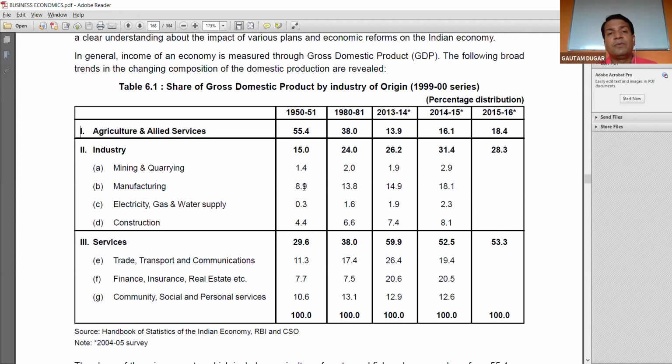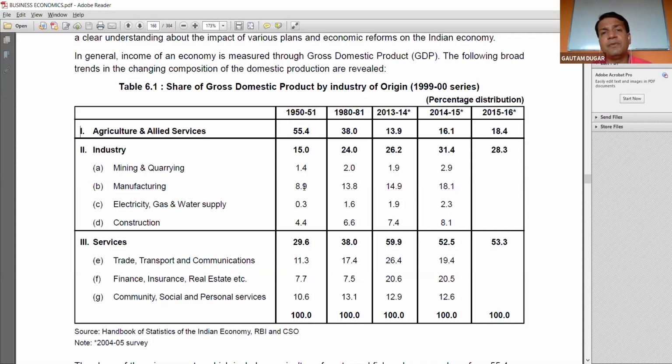And later on, the service sector, the tertiary sector: insurance, transportation, banking, warehousing. The tertiary sector started getting importance. And now the scenario is that the tertiary sector contributes the highest to the GDP of the country, and agriculture contributes the lowest. You can see the chart on the screen.